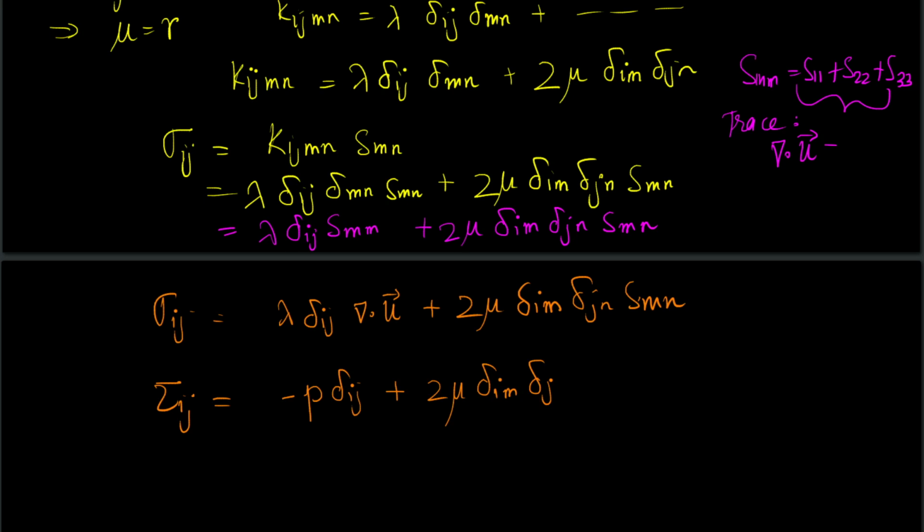In fact, let us simplify this delta im delta jn also. Only when m equals i and only when n equals j will this term be non-zero. So replace m by i and n by j, and this becomes Sij. So already we are able to recover the kind of form that we are used to. This is 2 mu Sij.